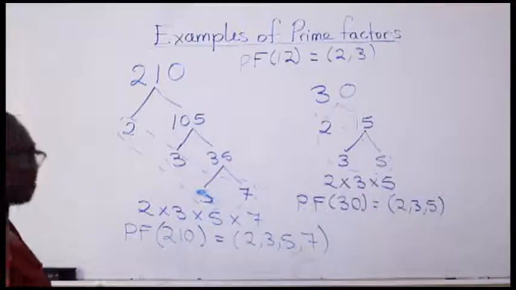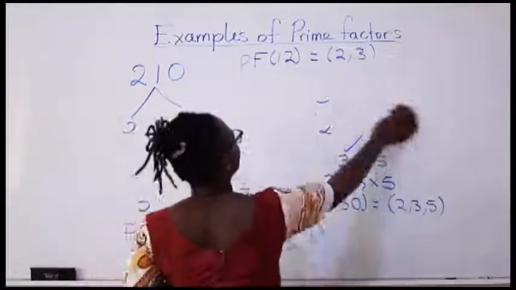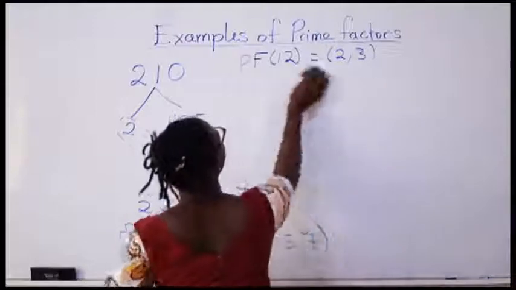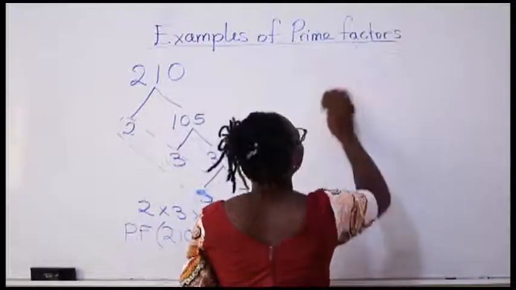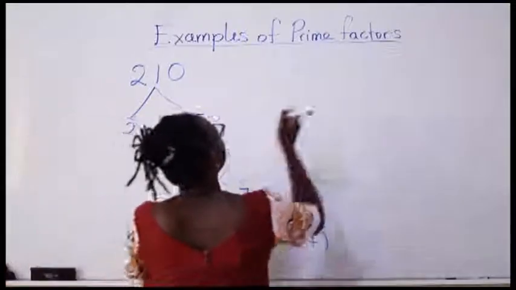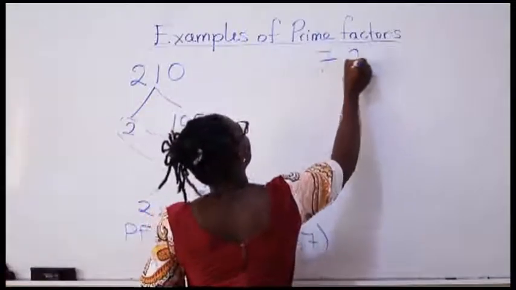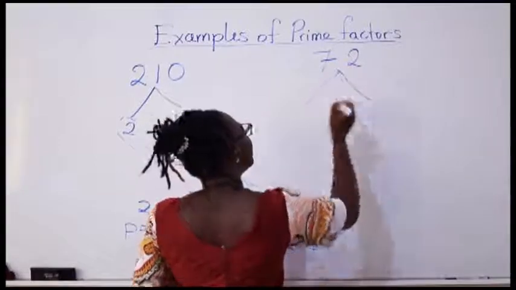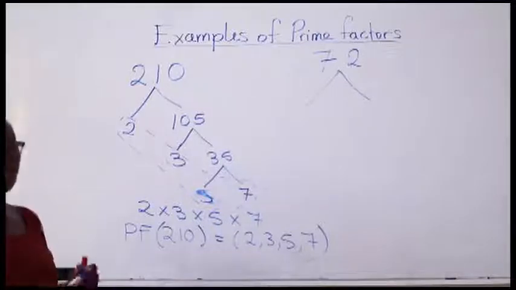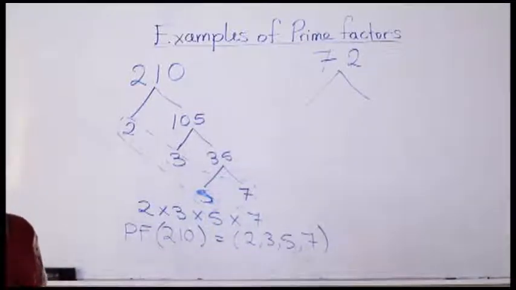Now let's take another example. Let's try 72. Why don't you try 72 and let's see what you get. Okay, let's look at it. What are we getting? Let's take the first prime, which is 2. Can 2 divide 72? Yes.